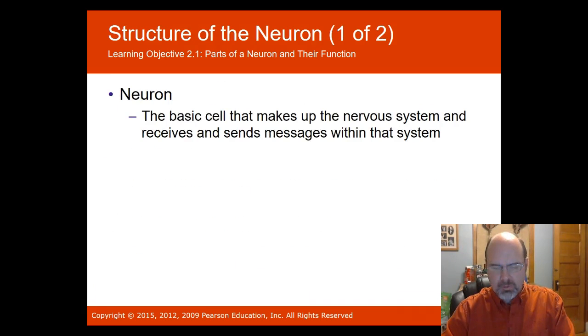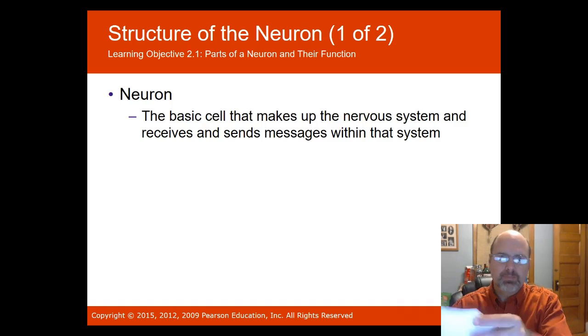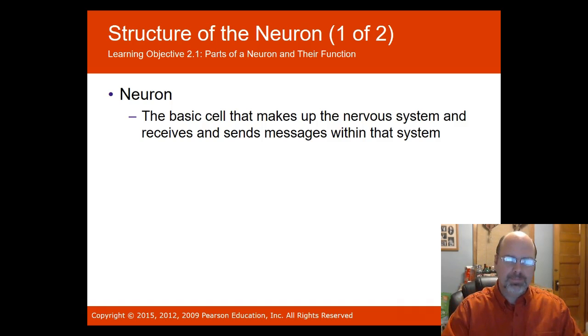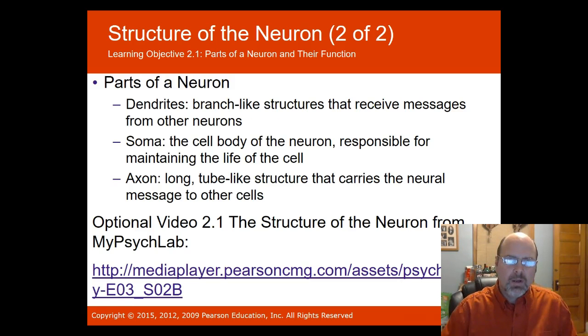First of all, the basic cell that makes up the nervous system and receives and sends messages in that system is called the neuron. The parts of the neuron are the dendrites, which are branch-like structures that receive messages from other neurons; the soma, the cell body of the neuron responsible for maintaining the life of the cell; and the axon, which is a long tube-like structure that carries the neural messages to other cells.